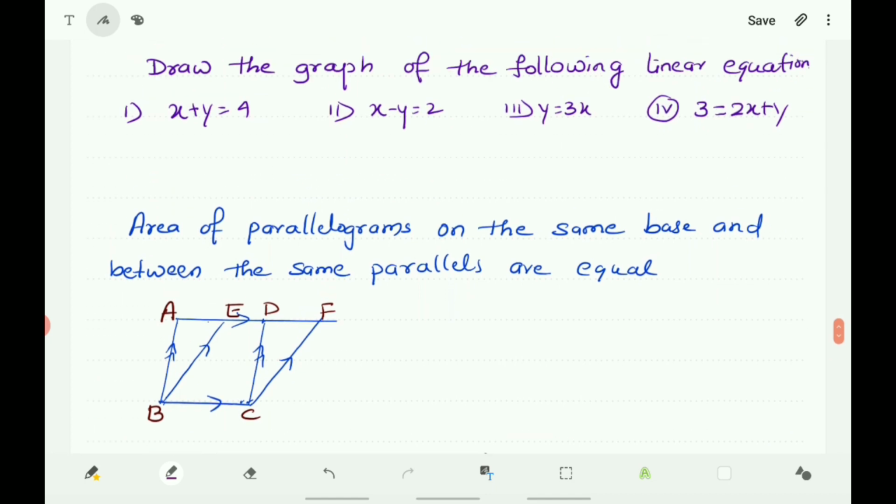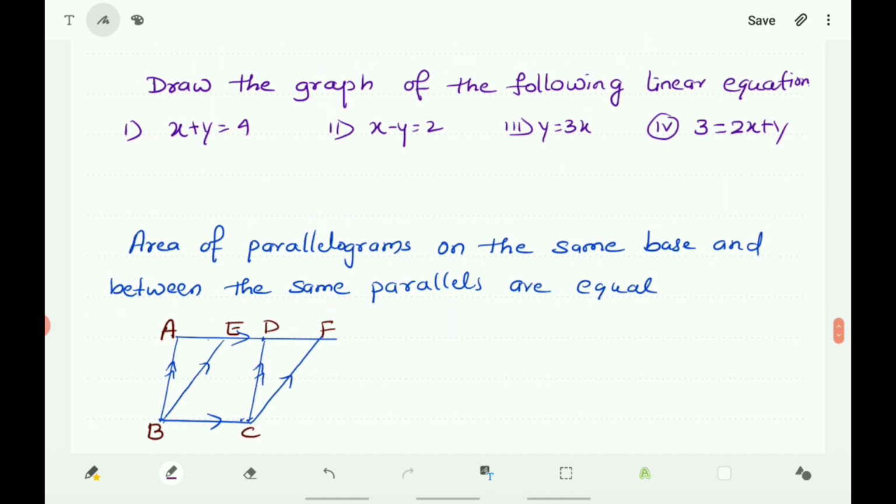Here see the figure. Here the parallelogram ABCD and parallelogram EBCF. ABCD and EBCF are on the same base BC, and between the parallels BC parallel to AE.